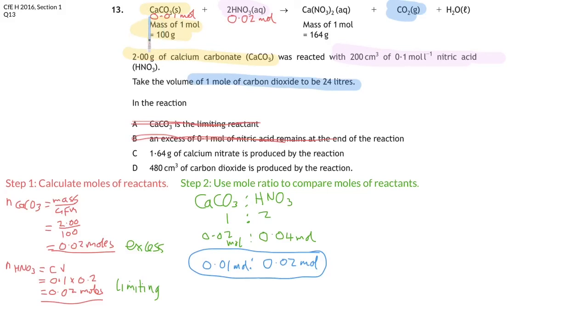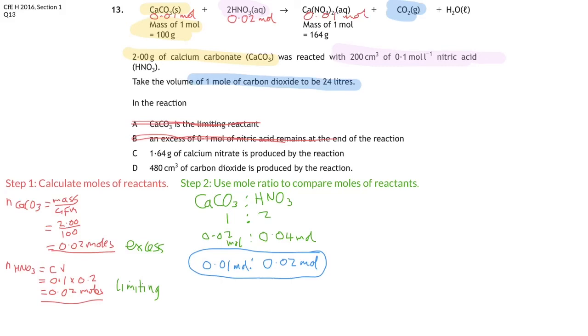Calcium carbonate is in 1-to-1 ratio with the calcium nitrate. So 0.01 moles of this reacts, then we should get 0.01 moles of the calcium nitrate.